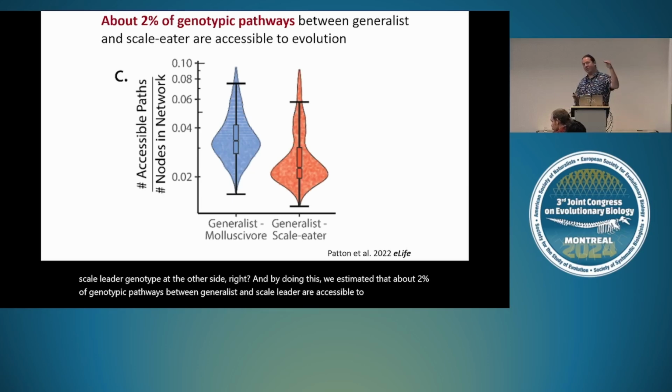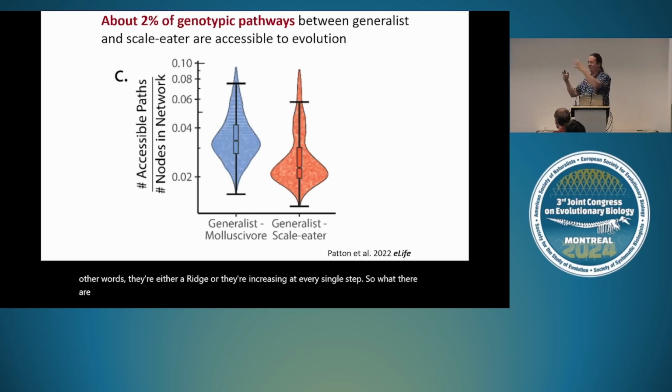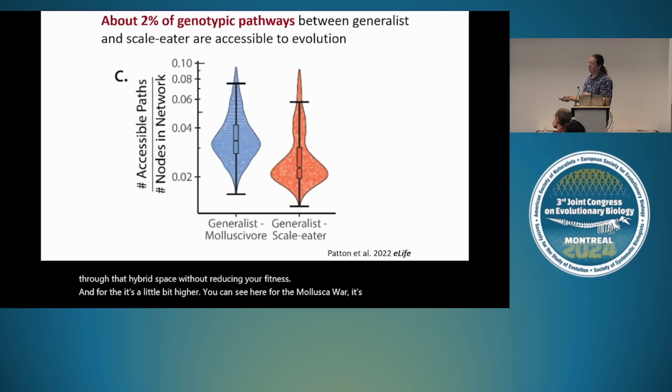In other words, they're either a ridge or they're increasing at every single step. So there are apparently these ways, hidden to our phenotypic measurements, to move through that hybrid space without reducing your fitness at all. And it's a little bit higher, you can see here for the molluscivore, it's almost 4%.